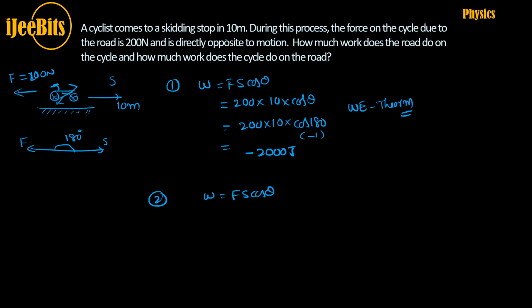How much is the road's displacement? In this case, there is no displacement of the road, right? This would be zero, and hence the work is also zero. So what we are saying here is the road undergoes no displacement and hence the work done by the cycle on the road would be zero. Clear?